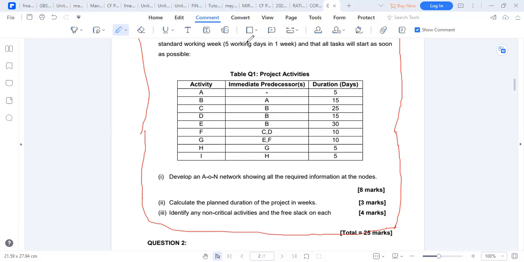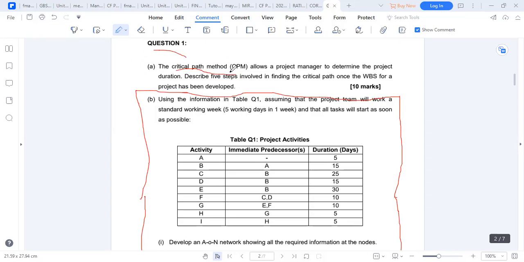It says here, using the information in the table, assuming that the project team will work a standard working week, 5 working days in a week, and that all the tasks will start as soon as possible.